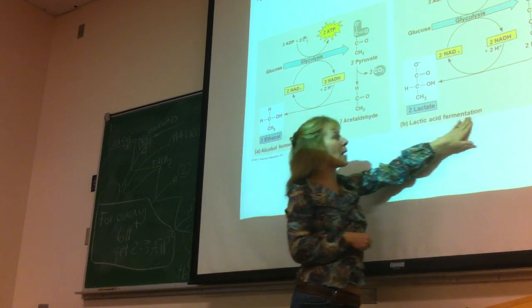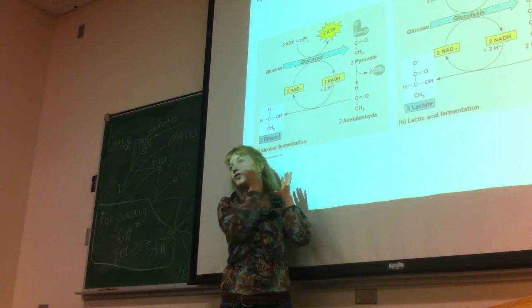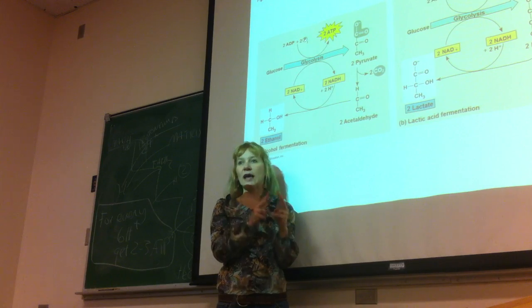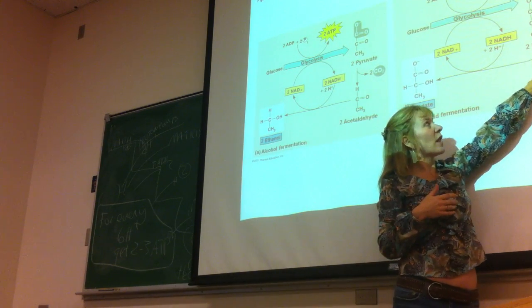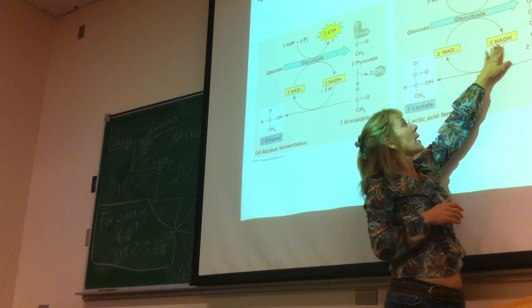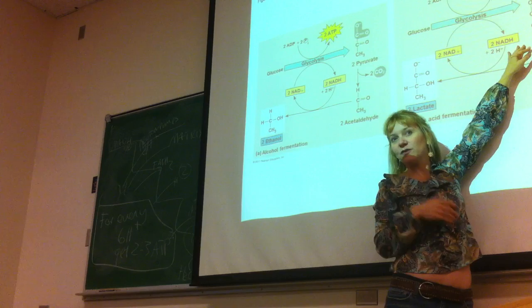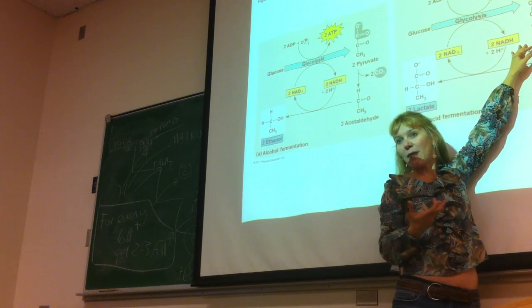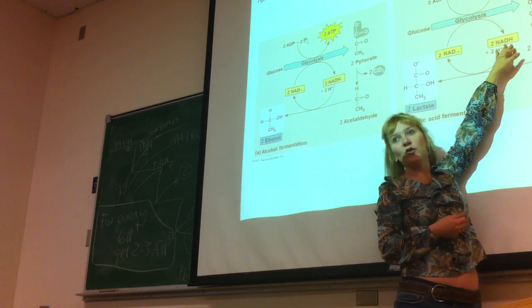The same deal is happening with lactic acid fermentation. Glycolysis occurs exactly the same way. You get 2 ATP. And you develop the pyruvate. But now, again, you have your NADH electron carriers filled up after some time of this occurring. All of your NAD plus molecules are going to be occupied.